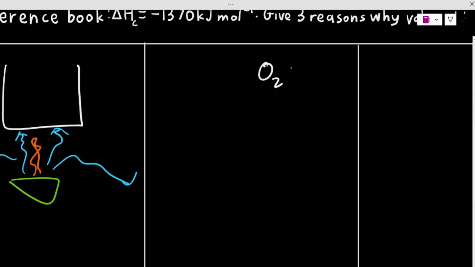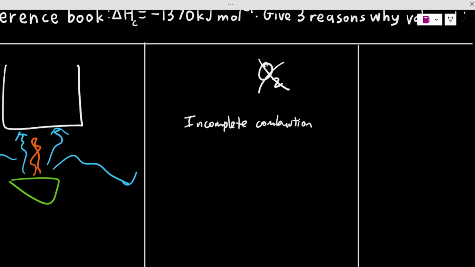Sometimes there's not enough oxygen, and so it will undergo incomplete combustion, meaning the maximum temperature is not reached, because incomplete combustion releases less heat. As such, the change in temperature calculated isn't necessarily the most accurate.